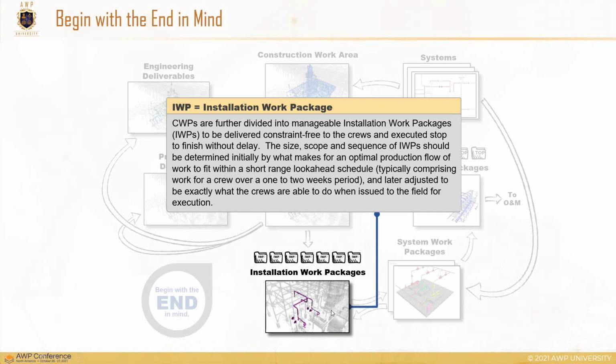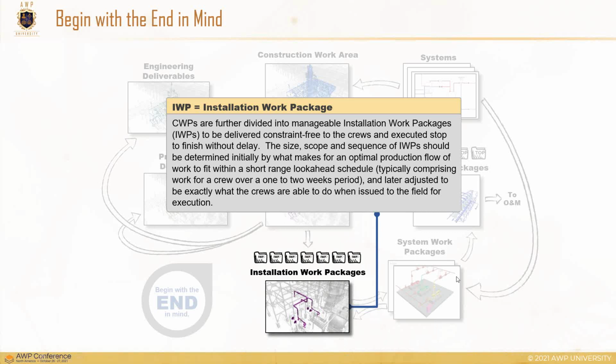It is also executed within the start and finish dates of the schedule node associated with the CWP. So therefore, as a subset, there might be multiple IWPs that make up a single CWP, and we will execute and track at that level. Of course, below the IWP level, there is further planning, such as short interval production control that's executed by the general foreman as far as their day-to-day and their daily work plans.